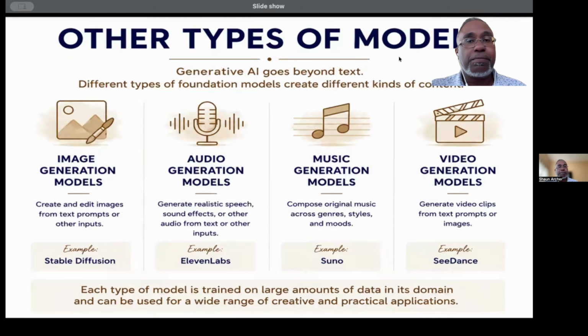Now I'm going to mix it up a bit because there are other types of foundation models besides LLMs. As I said, large language models are concerned with text, but then we have models that are concerned with images. Those models take in a huge amount of image information, and that's what's in their foundation. And then they respond based on what we send to the model. We might send an image, it may give us back an image.